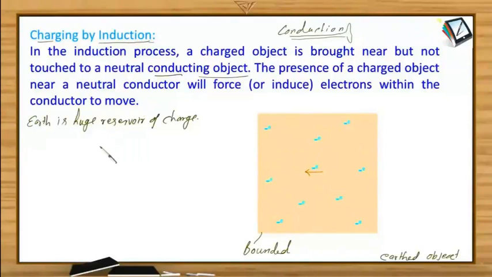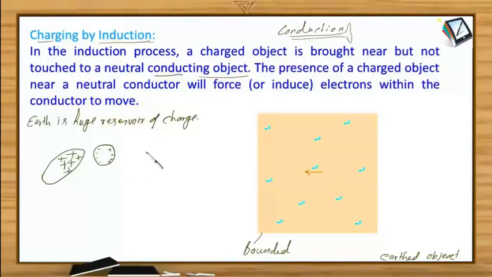Suppose we have one spherical object here and we bring another charged body, say positively charged, in its presence. What will happen? Electrons in this sphere will be drifted towards this positively charged body, and because of that, here the net positive charge will be shown because of the deficiency of electrons, since electrons moved from this location to that location, same as we have seen here.